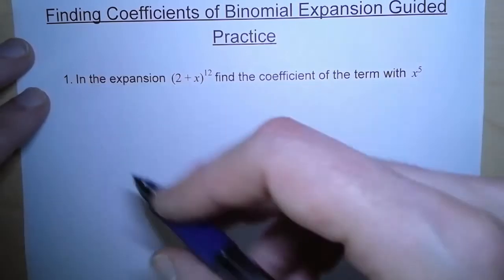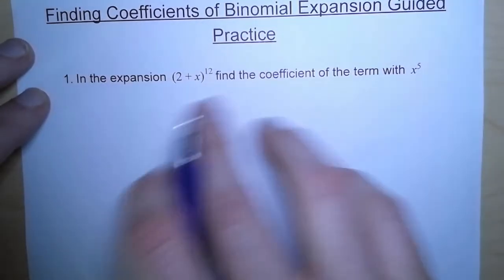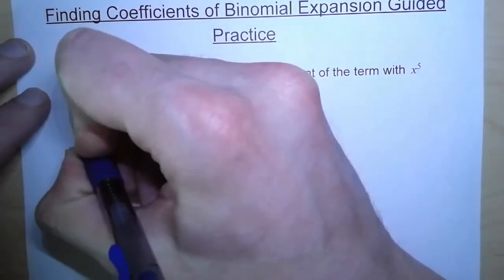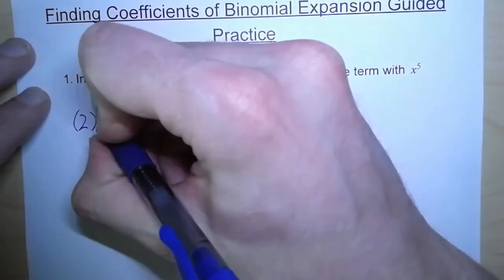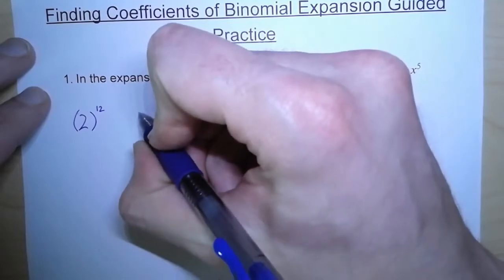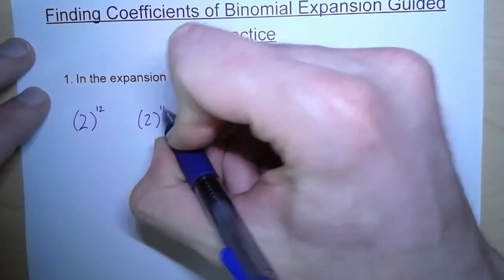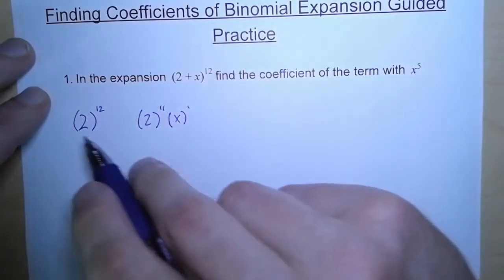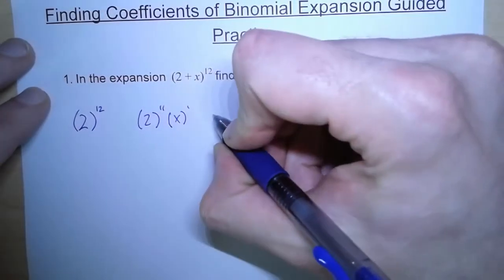So we know that the first term, and I'm going to ignore the coefficients out front, is going to have 2 to the 12th. Then the next term is going to have 2 to the 11th with x to the 1st. Neither of those has what we want, so we have to keep going.